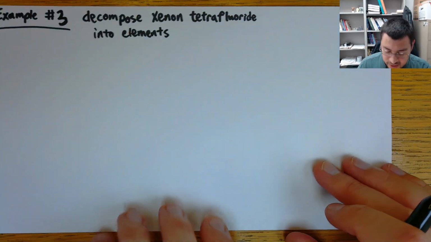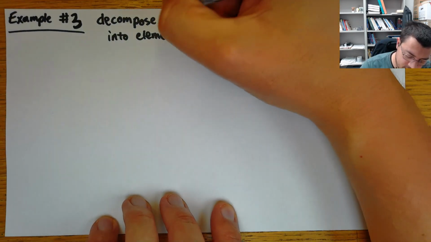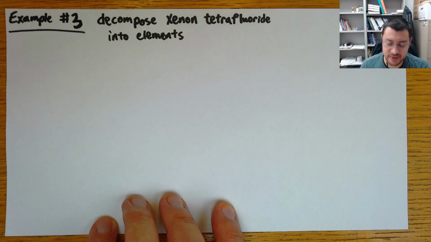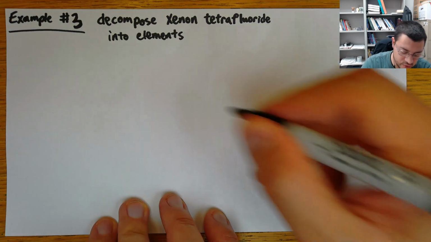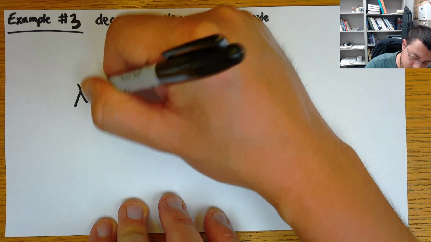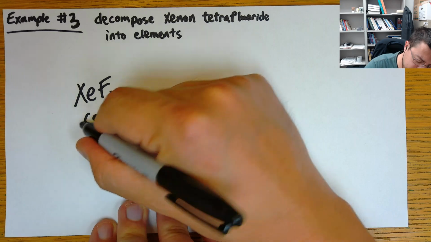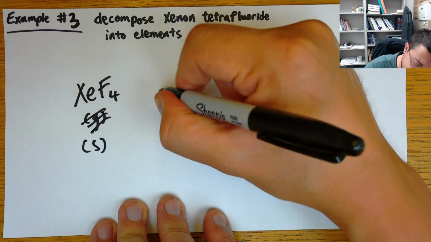All right, and I thought for the last example I'd bring in a weirder one. We'll do some noble gas chemistry. Xenon tetrafluoride, we'll decompose that into elements. Actually, no, I think this is a solid. Yeah.